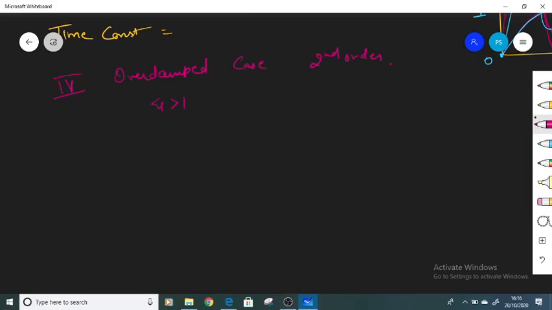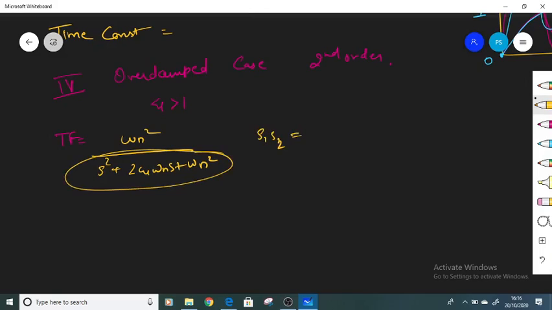So what will happen when this value of zeta is greater than 1? We have seen that the transfer function for the system is given as omega n square divided by s square plus 2 zeta omega n s plus omega n square. Hence the poles of the system, s1 and s2, will lie wherever the roots of this equation lie. We can write them as minus zeta omega n plus minus omega n under root of zeta square minus 1.